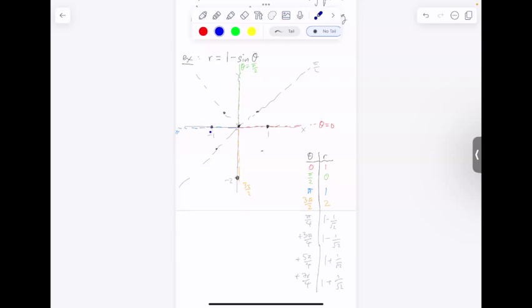And then at pi, as I increase theta, this minus sine theta becomes a positive number. So I'm going to increase my distance away from the origin here, continue increasing until I'm 2 away. And I'm going to decrease a bit and then come back out here.